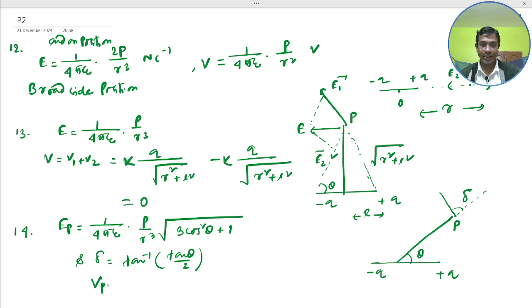And the potential at this point P, Vp, is 1 by 4 pi epsilon naught times P cos theta by r square. So these are all the formulas of electric field and dipole.